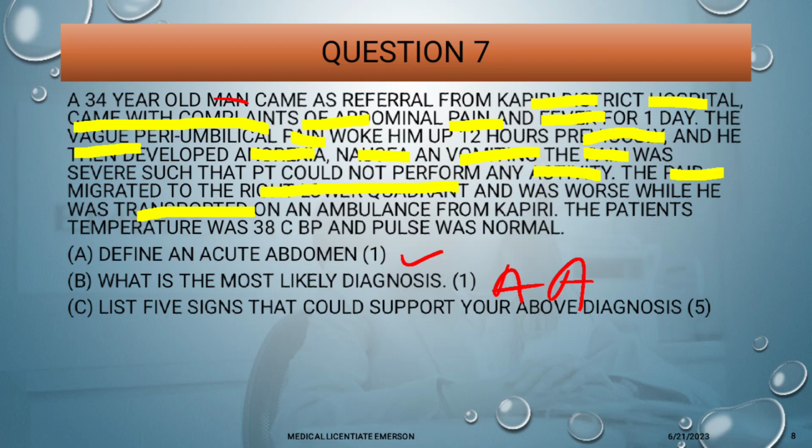So for the 5 signs that support my above diagnosis, they have the pain which is migrating to the right lower quadrant. That's 1. Then the fever 2, because the elevated temperature. I don't know if they just wanted signs, because if I mention 5 signs alone, they won't be enough.